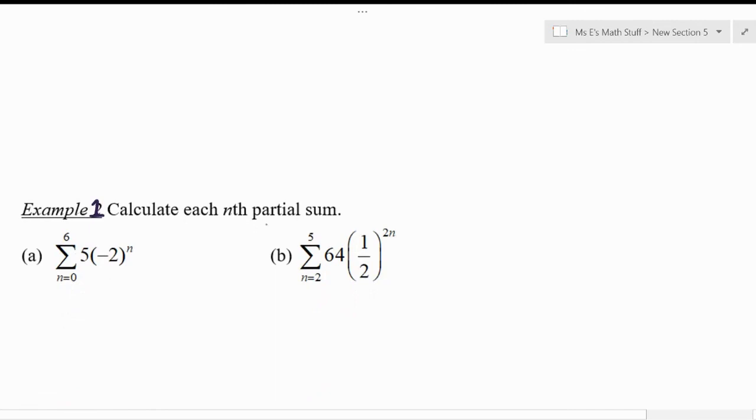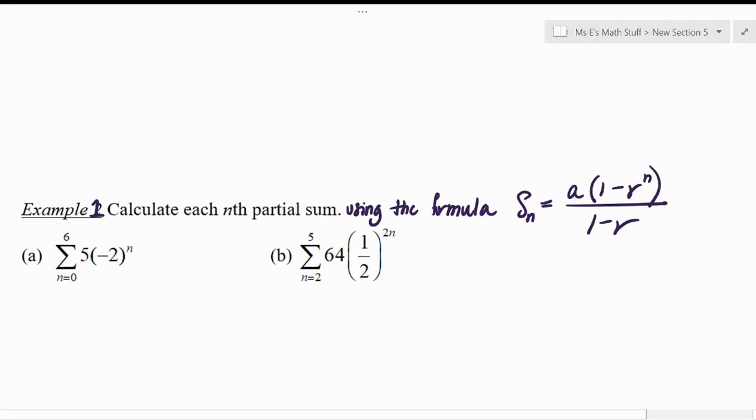Okay, so for example 1, calculate each nth partial sum using the formula that the nth partial sum of a geometric series can be found by taking your first term, multiplying it by 1 minus your common ratio to the nth power, and dividing it by 1 minus the common ratio.